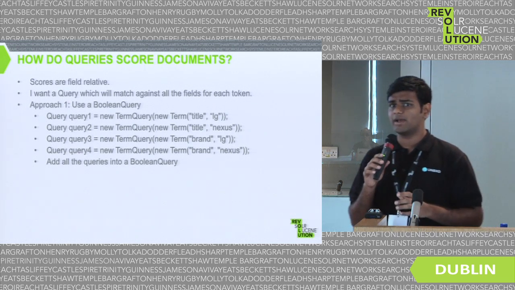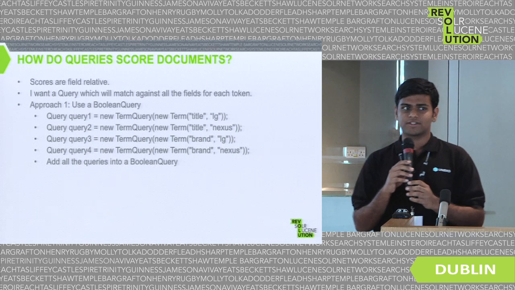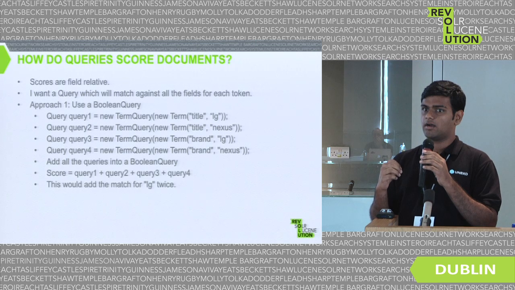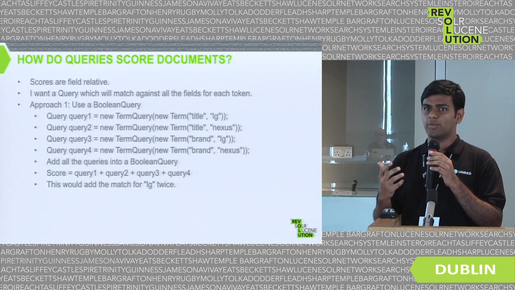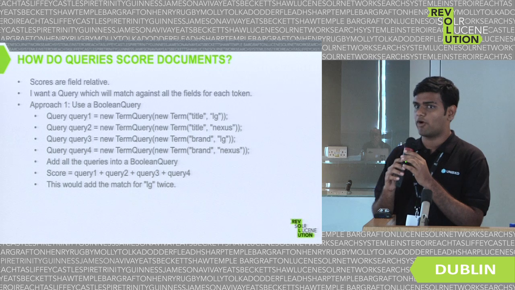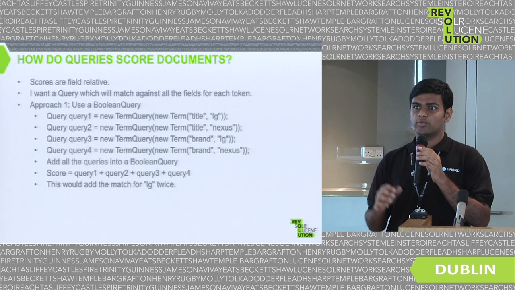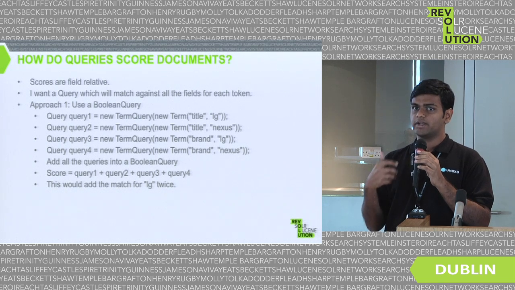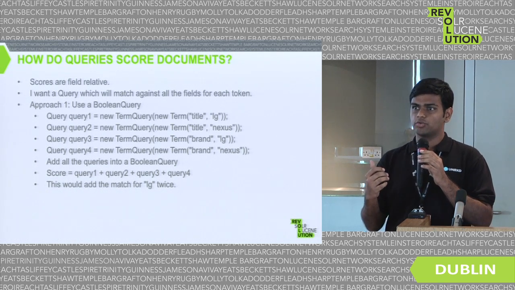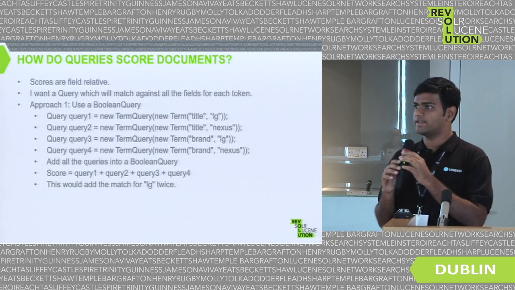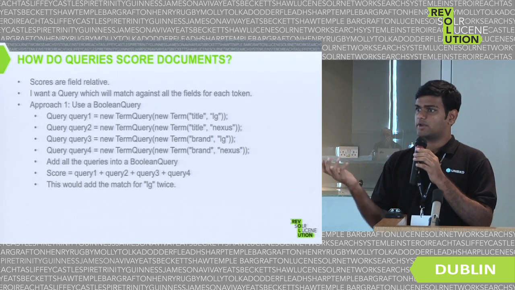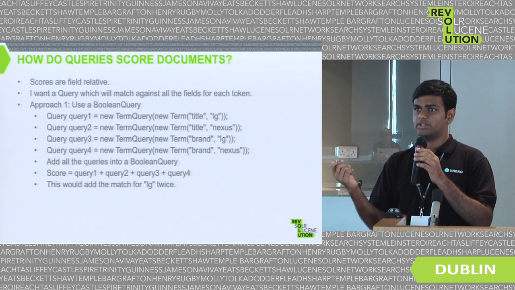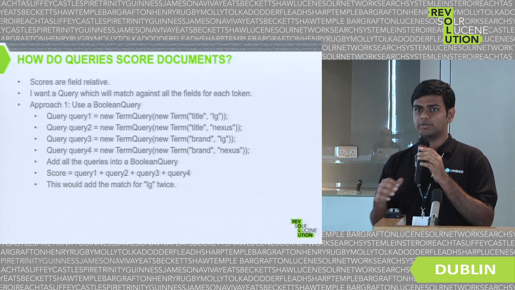What a disjunction max query would do is, it has subqueries, and within these subqueries, it would take the score from the maximum subquery. Essentially, how you would form a disjunction max query would be, you would take a single token and make these queries and put them in a disjunction max query. So you would have these disjuncts. One disjunct would be a term query with title to LG, the brand to LG, and you would put them in a disjunction max query.